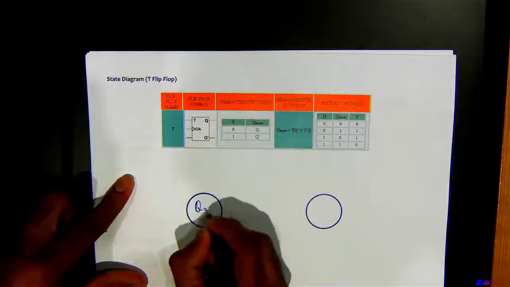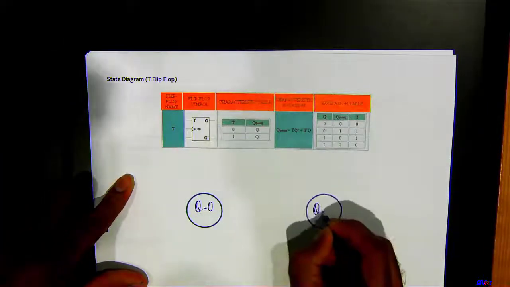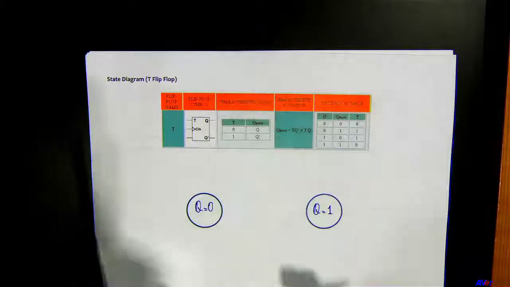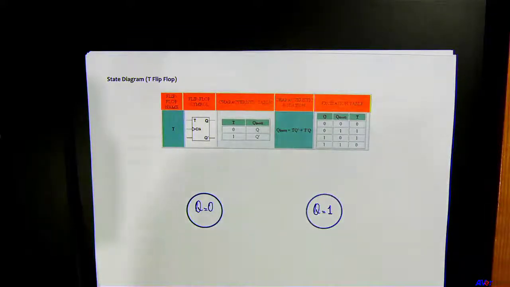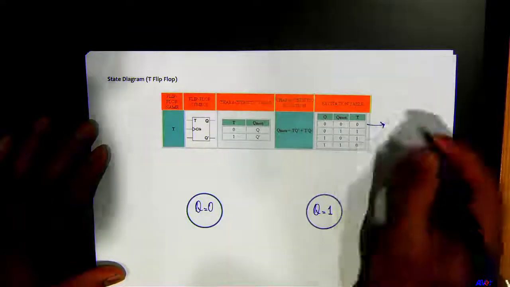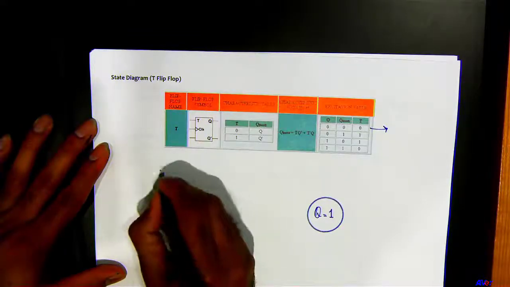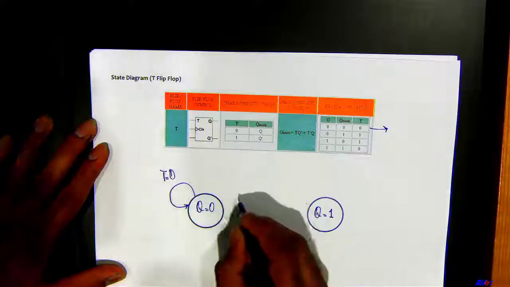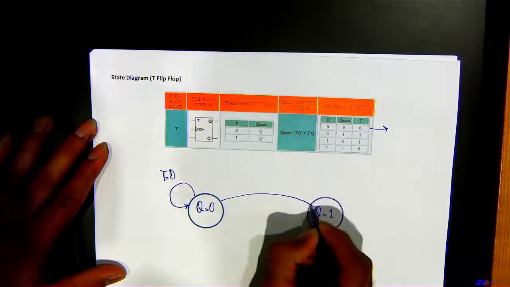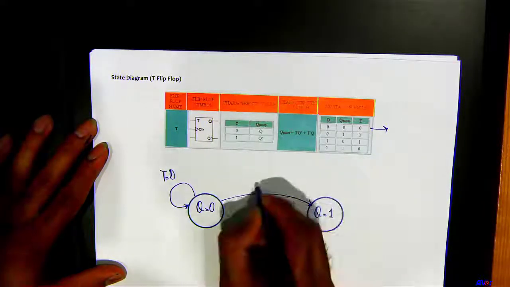So Q equals 0, Q equals 1 here. When T is 0, it stays here. It goes to 1 when T is 1.